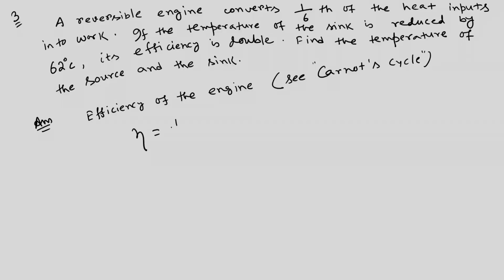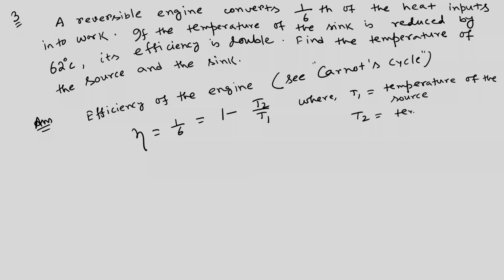So, the efficiency of the engine eta, 1 by 6, is 1 minus T2 by T1, where T1 is the temperature of the source and T2 is the temperature of the sink.